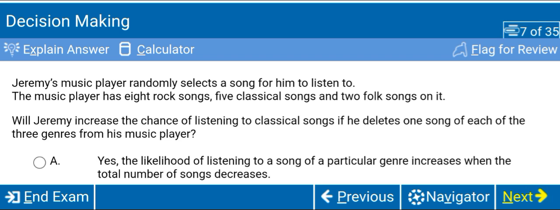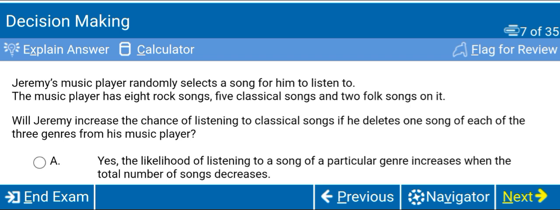Next we have question number 7. It says Jeremy's music player randomly selects a song for him to listen to. The music player has 8 rock songs, 5 classical songs and 2 folk songs on it.